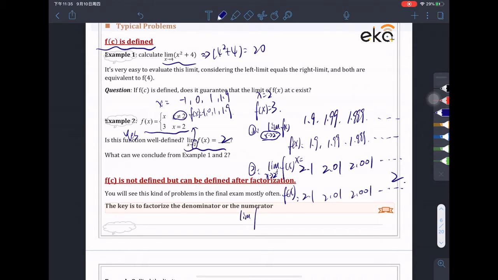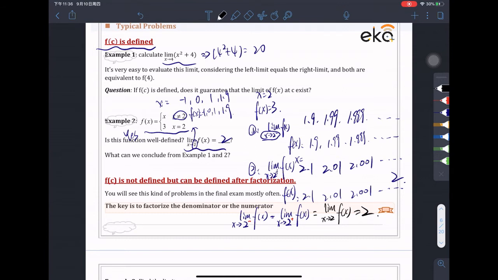The limit of f(x), x approaching 2 from the negative side, equals the limit of f(x), x approaching 2 from the positive side. We can write it equals the limit of f(x), x approaching 2, which is 2.